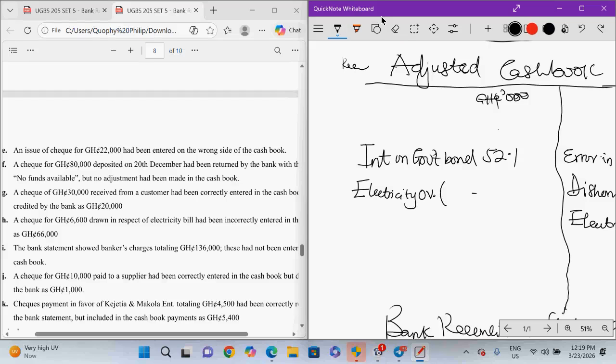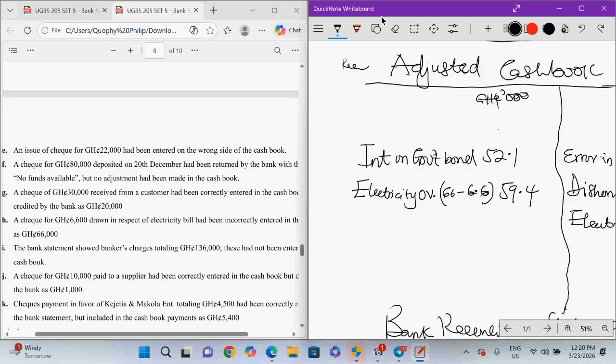What is the amount? 66 minus 6.6 is 59.4. Right? So this is the overstatement.